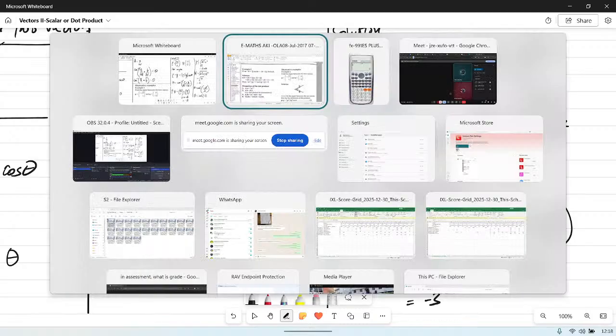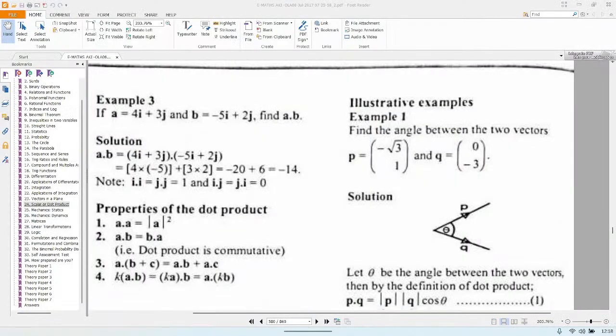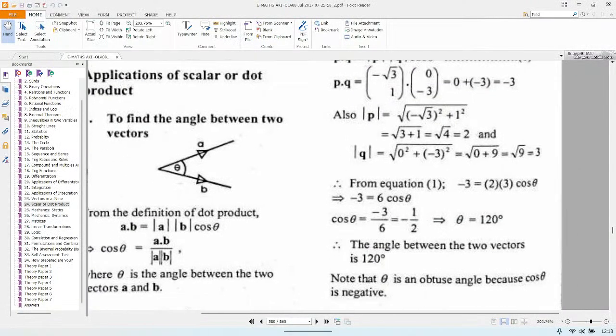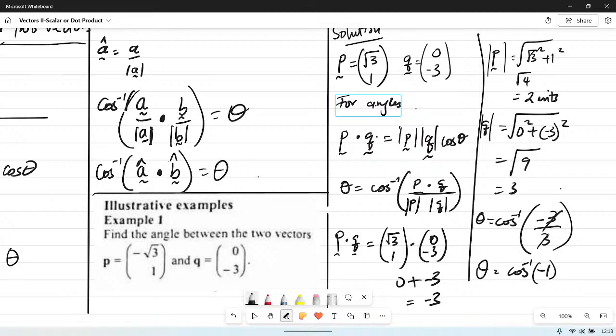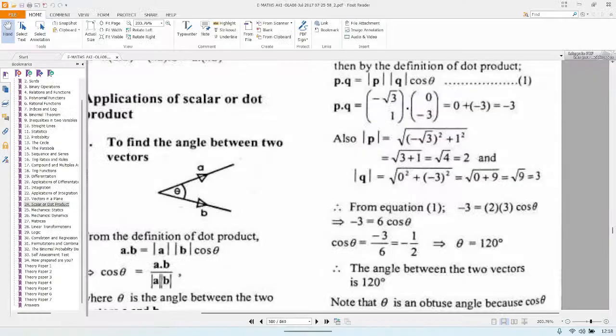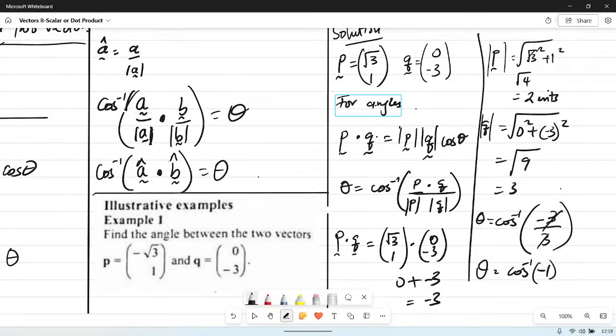Let me make sure everything is correct. The dot product of P and Q is negative 3.